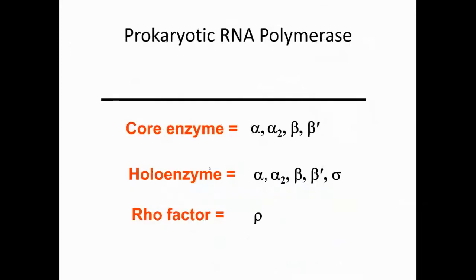The core enzyme is 2 alpha, beta, and beta prime, and when we add a sigma, that's the holoenzyme.